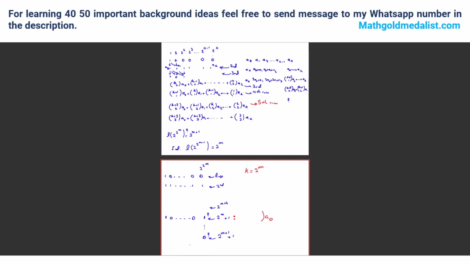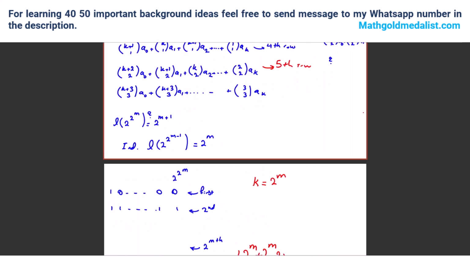In each step it is k plus row minus 3: 5 minus 3 is 2, 4 minus 3 is 1. So it will be k, or we can say 2 to the m, plus this row minus 3, 2 to the m minus 2, choose 2 to the m minus 2. Agreed this?